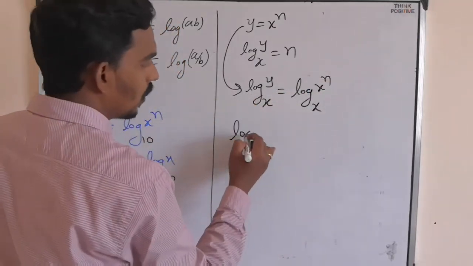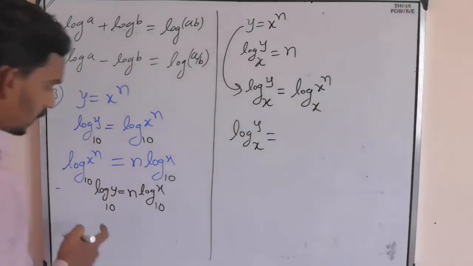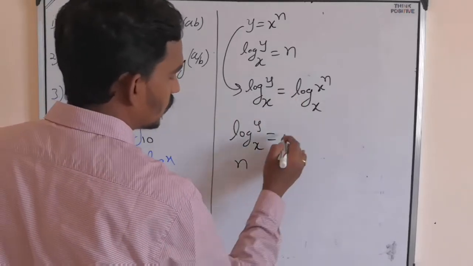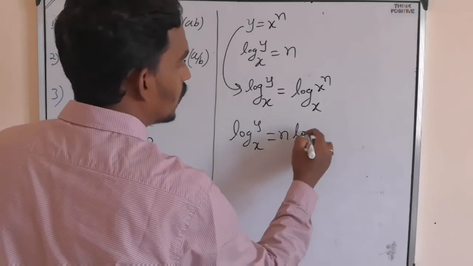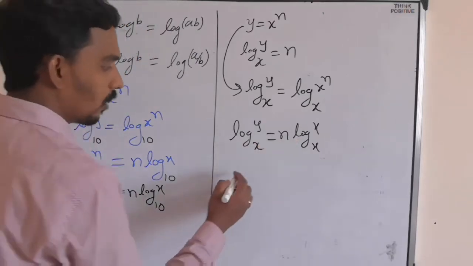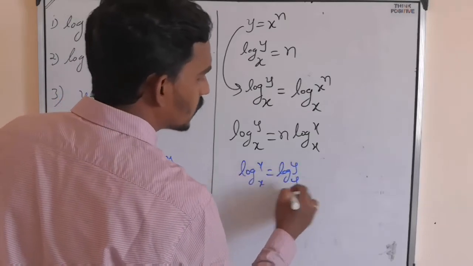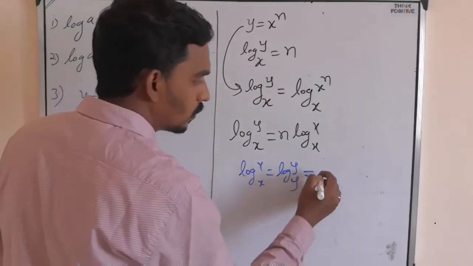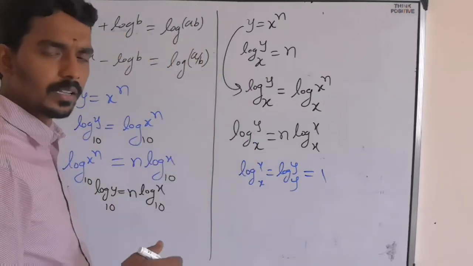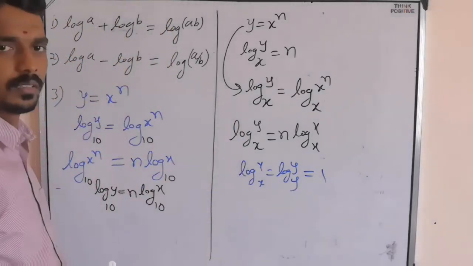So log y base x equals, according to this formula, the power becomes a multiplier, so n into log x base x. But this is one more formula in logarithms: log x base x or log y base y, anything, both are the same and always equal to 1. Log 10 base 10, log e base e, anything, is always equal to 1.